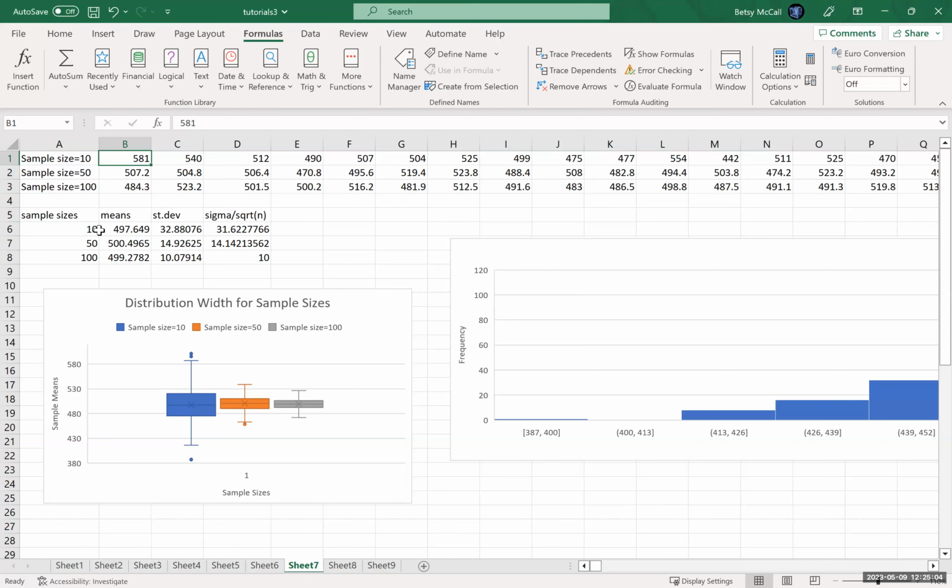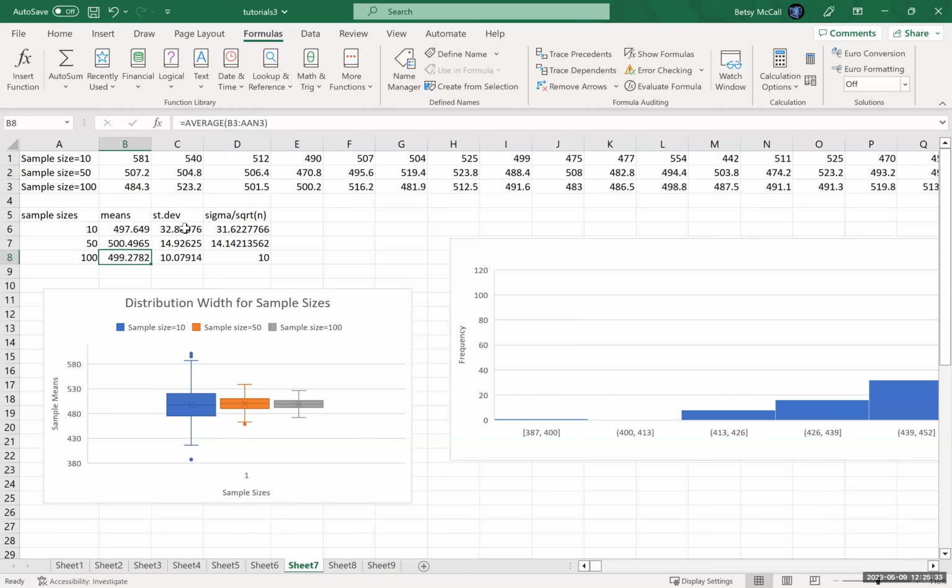And what I did then was I calculated the mean of those samples. Again, the mean of the means. So for my sample size 10, for these hundreds of samples, I got 497, I got 500, 499. So they're all, again, around 500. I calculated my standard deviations. These were, again, the standard deviations of these means.